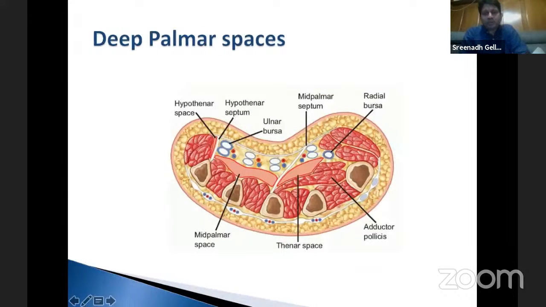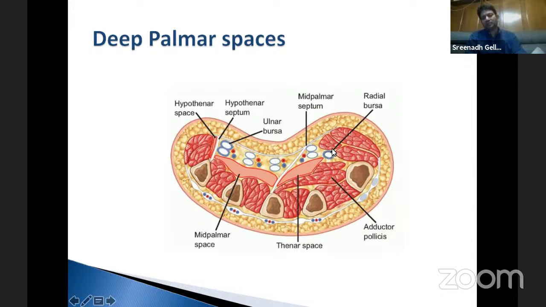So deep palmar spaces, there are three: the Thenar, mid palmar and Hypothenar. The Thenar space is bounded medially by the mid palmar septum, and towards the radial side, the lateral septum.